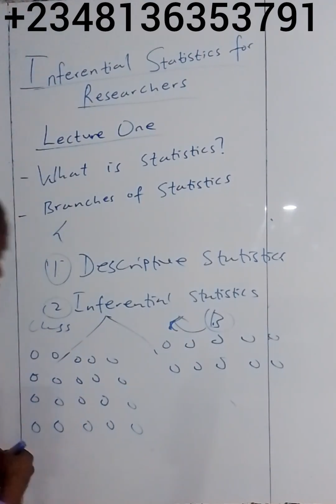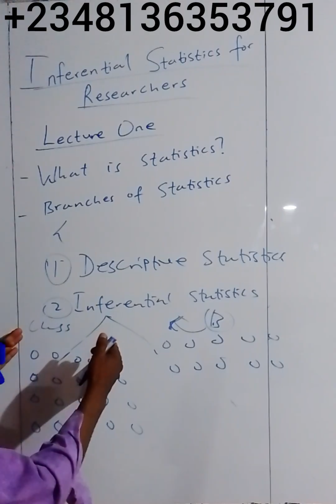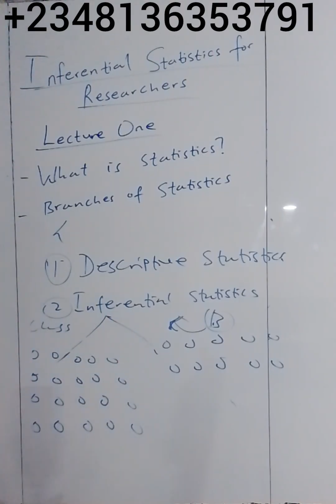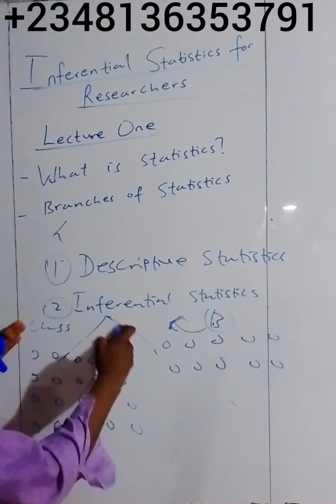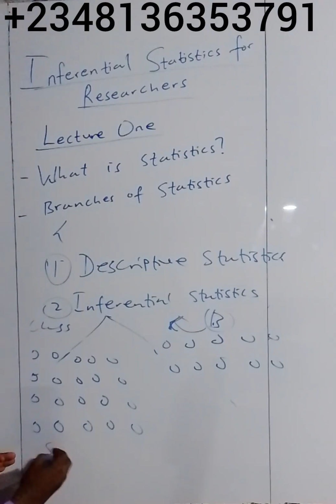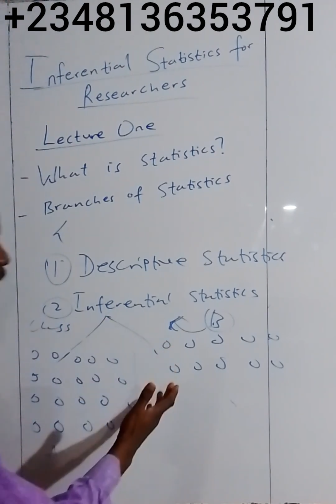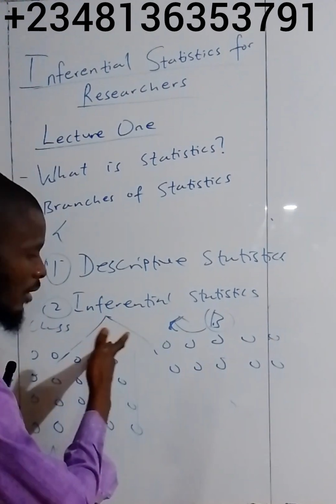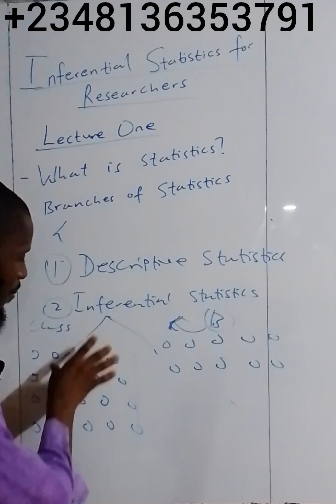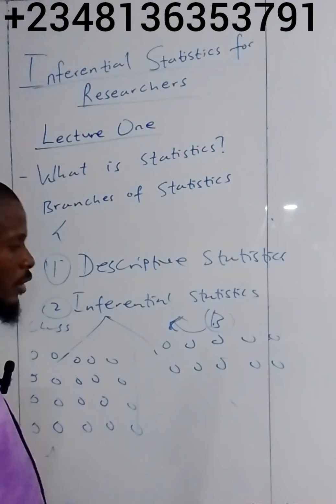For example, let's say these students wrote an exam and I have the scores of some of them, but I don't have access to all of them. Let's assume that I want to know the average score, so I can just take a sample of just 10 students out of these 20 students.